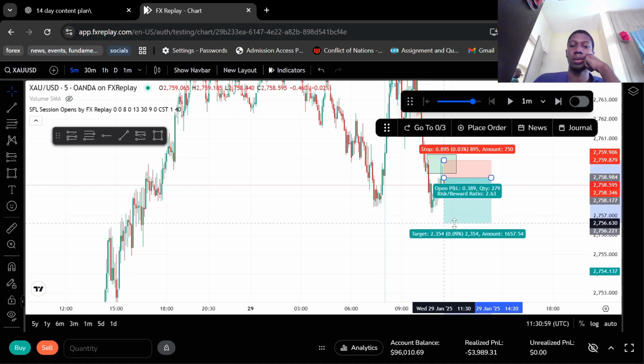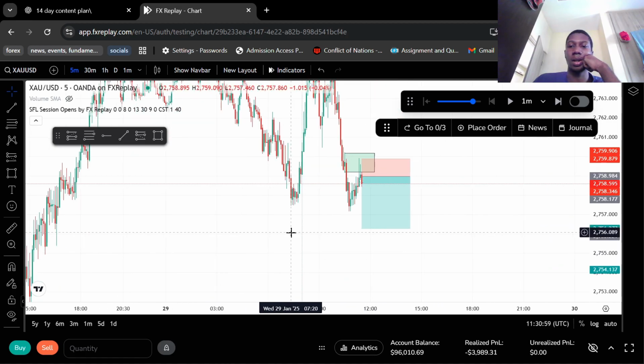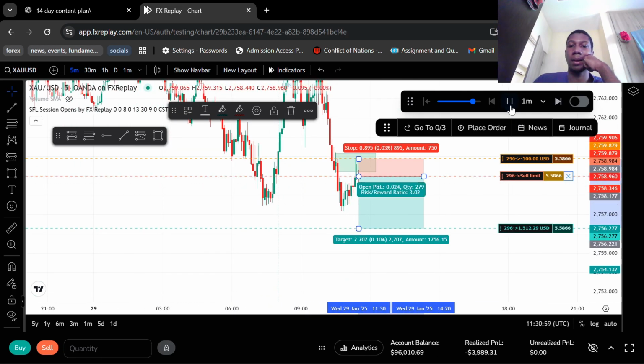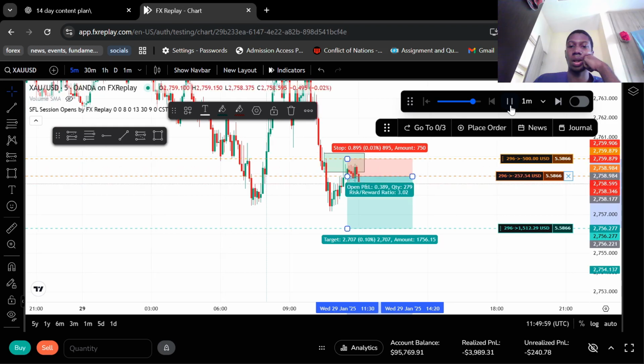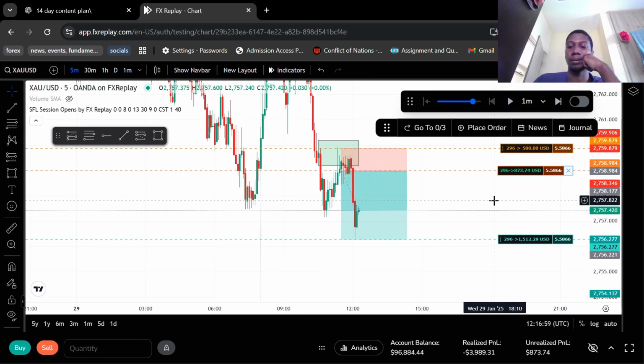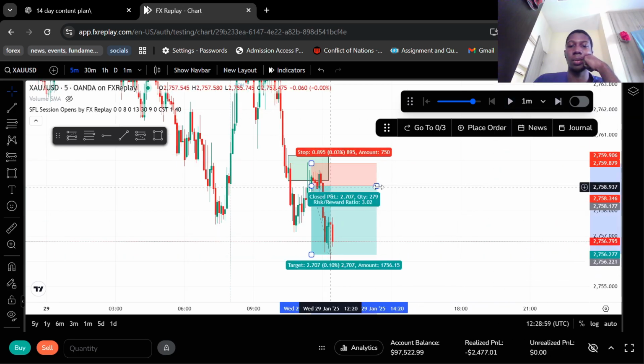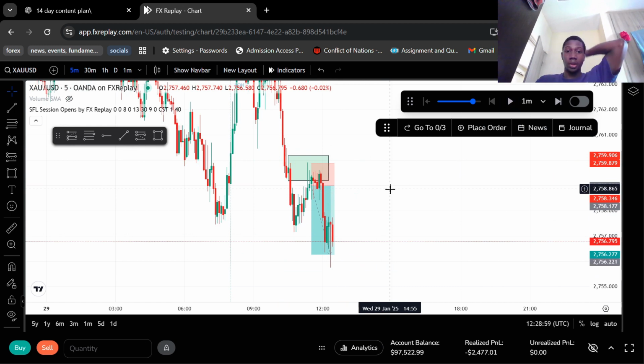Let's go for a 3R because we are in a downtrend, so we might just target those places. See if we get stopped out. Oh god, that was so painful to watch. Finally, another win. Oh, the losing streak is broken.